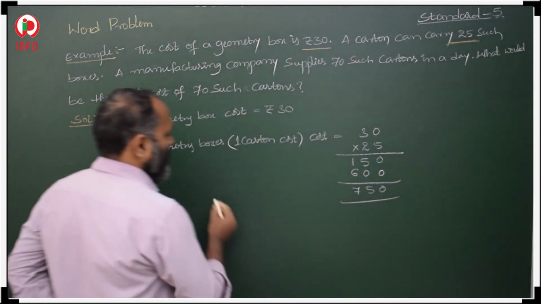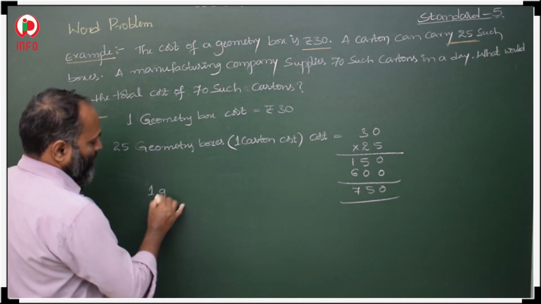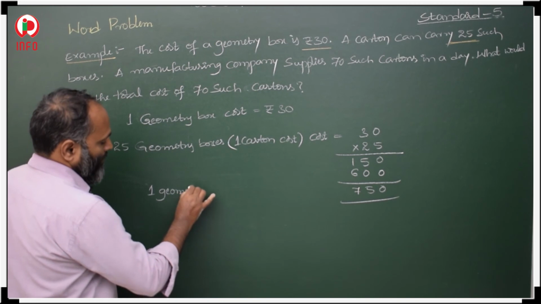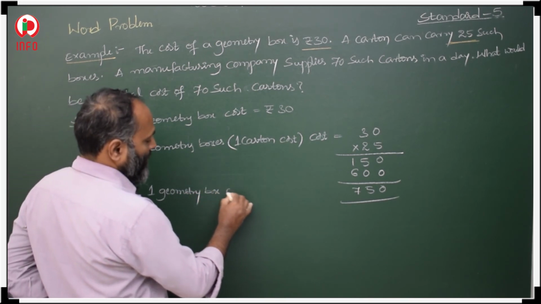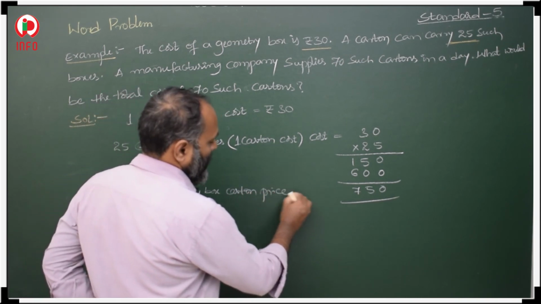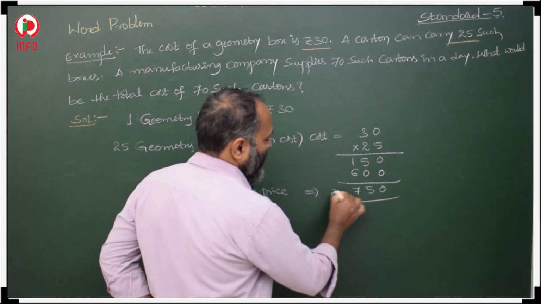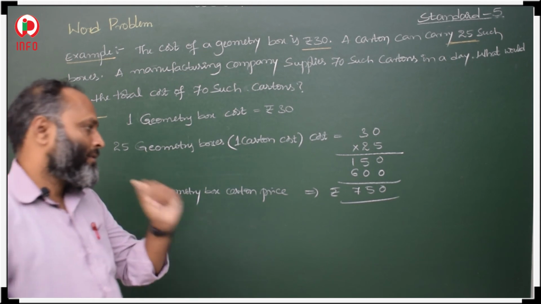So one geometry box carton price is equal to rupees 750.